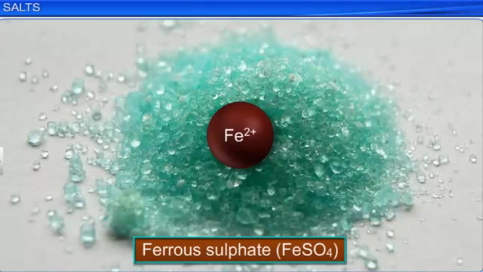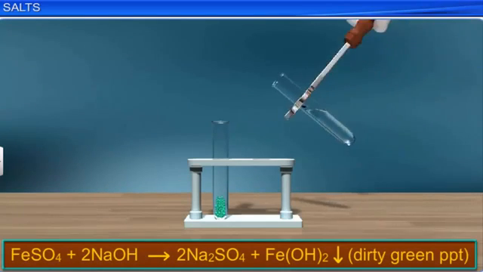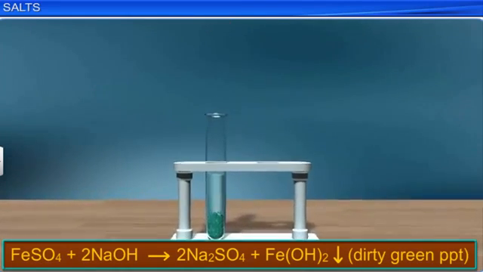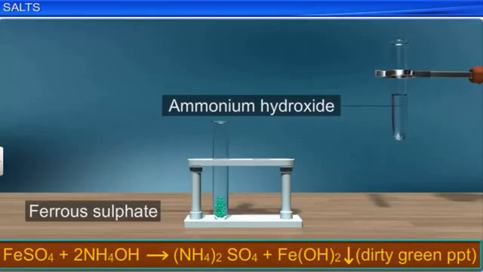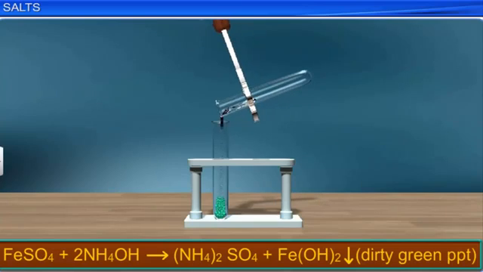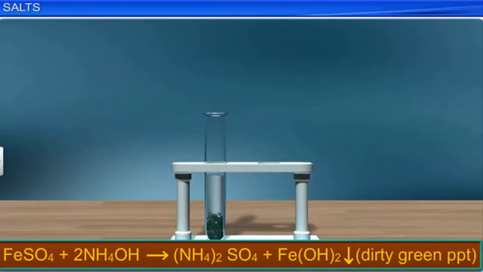Ferrous sulfate is a green salt with ferrous ion. It forms a dirty green precipitate of ferrous hydroxide with sodium hydroxide. The same dirty green precipitate of ferrous hydroxide is formed also when ferrous sulfate reacts with ammonium hydroxide.